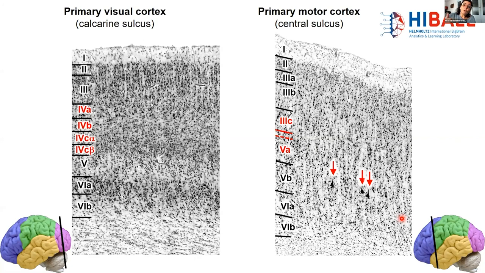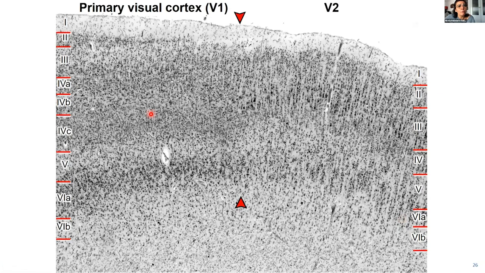Now, when we've got primary areas such as the primary visual cortex, it's quite easy to identify the border between primary areas and secondary areas. And that's what I want to show in this slide here. To the left, we've got the primary visual cortex. To the right, we've got the secondary visual cortex. On the left, these red arrows highlight the border. And you can see it because, for example, this dark stripe of layer 4C disappears at this position here.